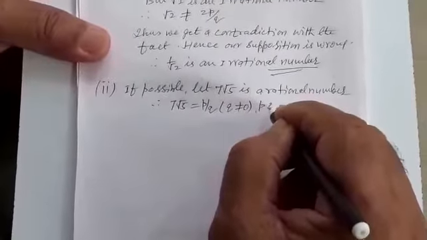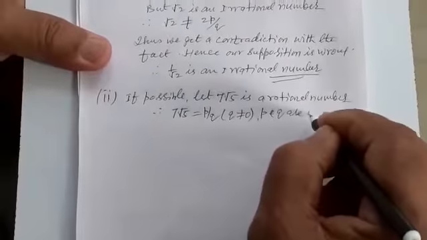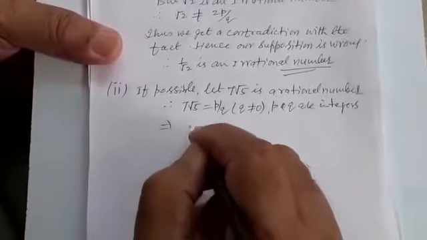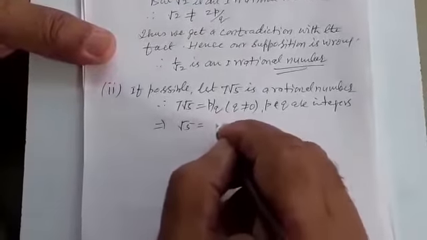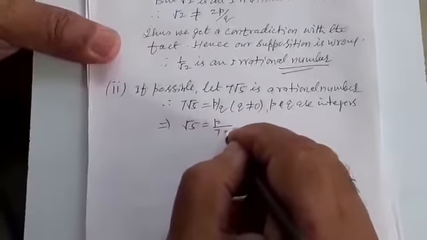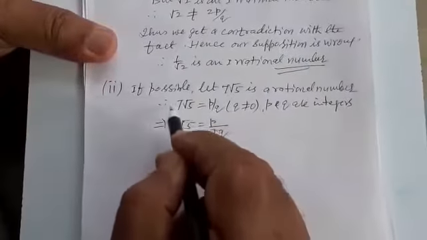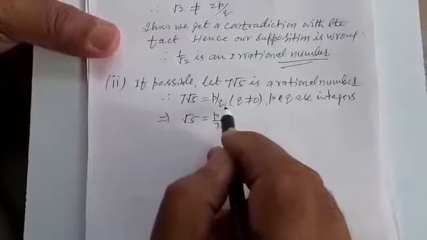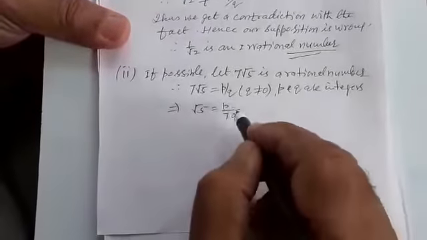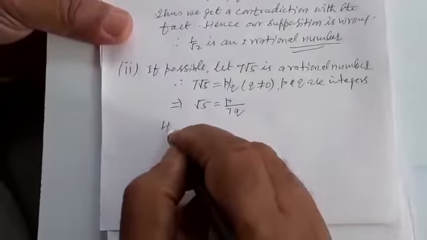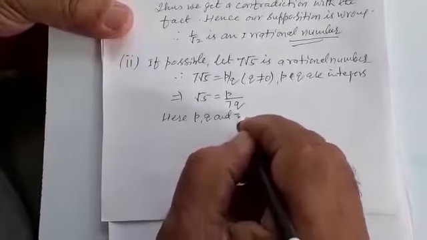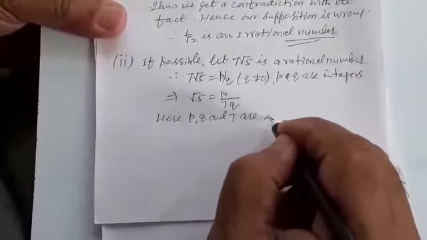P and Q are integers. This implies root 5 equals P by 7Q. Here 7 in LHS is in multiplication, so as you carry it to RHS, it will go in division. So P upon 7Q. Here P, Q and 7 are integers.